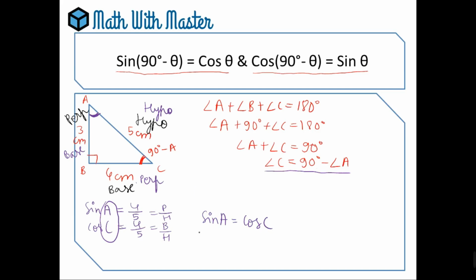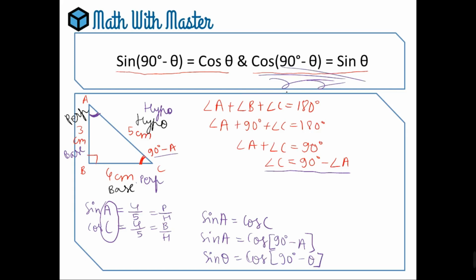Cos C is cos of 90 degrees minus A. So sin A is equal to cos 90 degrees minus A. If we take A as theta, then sin theta is equal to cos 90 degrees minus theta. So this is the way we have derived this formula.